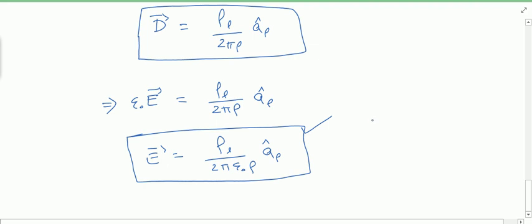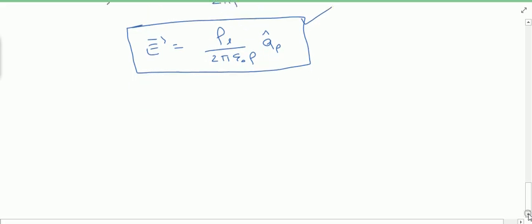So this is one of the applications of Gauss law. Now we can use Gauss law for a surface charge density also, just as we have used it for a line charge and a point charge.